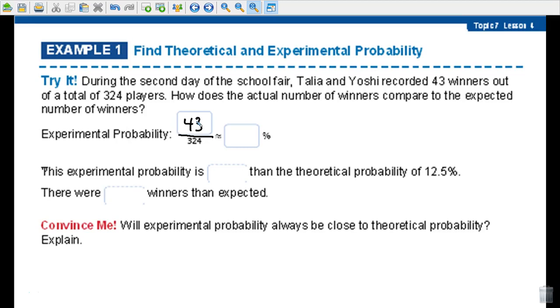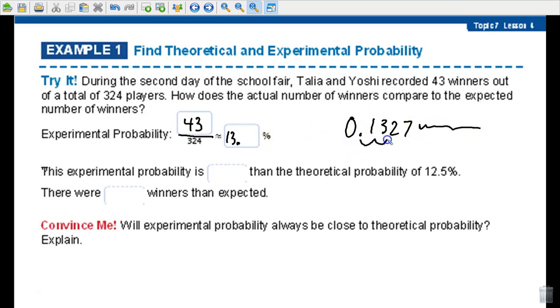I get 0.13271605. It does not matter. I care about the first four numbers after the decimal. I care about the 13 because that's the first two, and then the 2 in the 27 is going to be my rounding spot, so the 7. I get 0.1327, blah, blah, blah. That's all I care about.